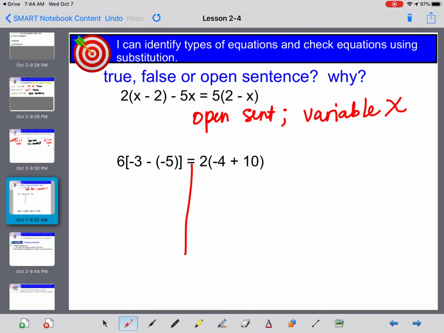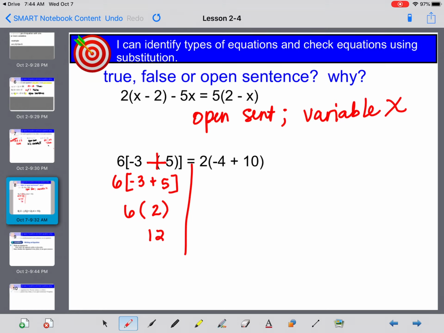So what I see here is 6 and then times -3. Now I'm going to change this to adding the opposite, or you could do a super plus sign. -3 plus 5, I have learned to be 2. 6 times 2 is 12.